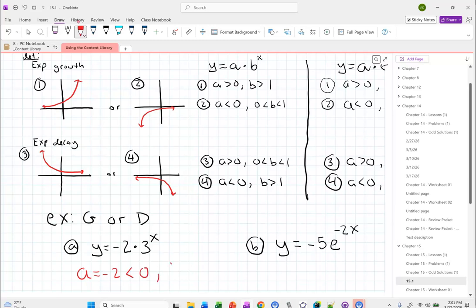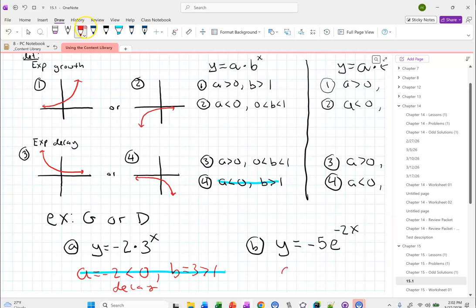So for the first one, a is negative and b is greater than 1. That is this situation. So we know we're doing decay. Is everybody okay there?